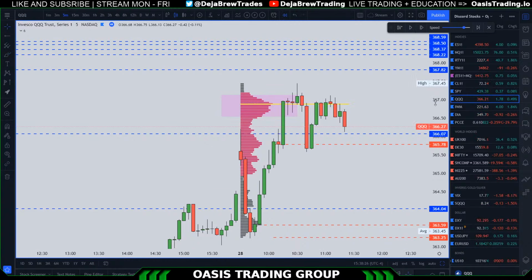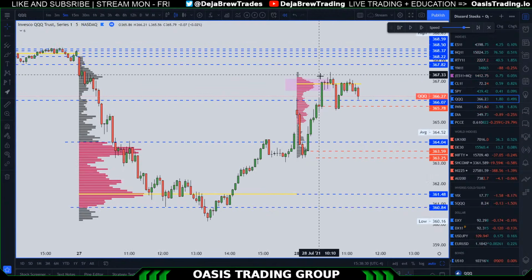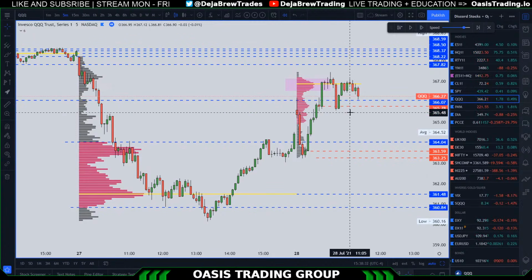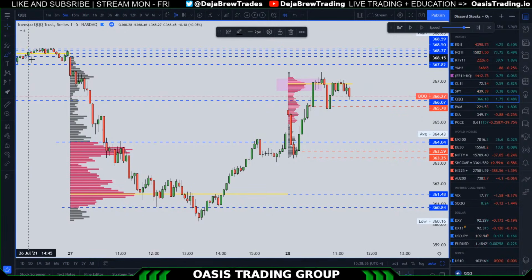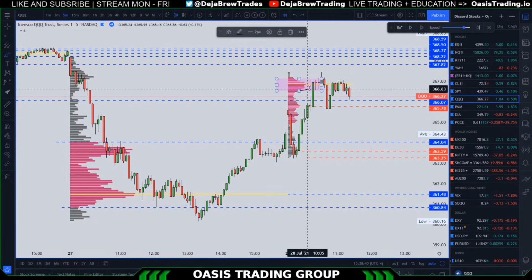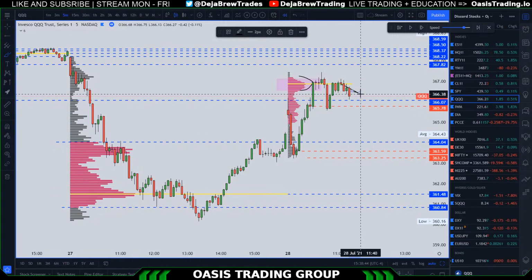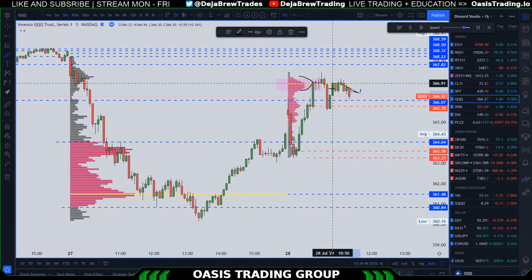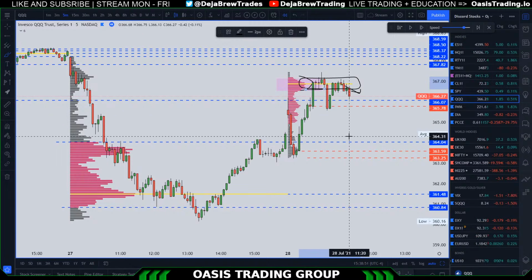And it sounds complicated, but with some time, when you watch how price reacts to these nodes, you'll start to understand exactly what I'm talking about. So clearly, this is losing the node. The majority of the node is above price. So when we start to push off of it, and the majority of that node is still above us, that is weakness. This is resistance moving forward. Okay, so let's let it play out a little bit.